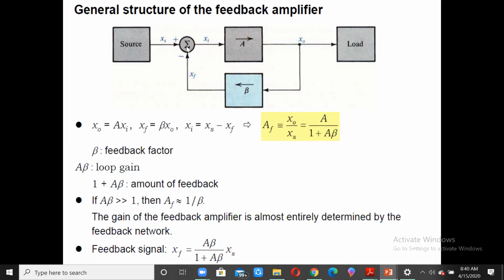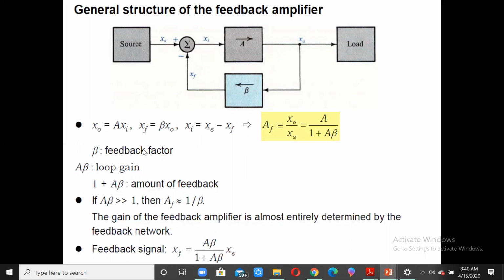Then we mix this with the signal source to get the input. So the sampling is done from the output side, and mixing is done at the input side.